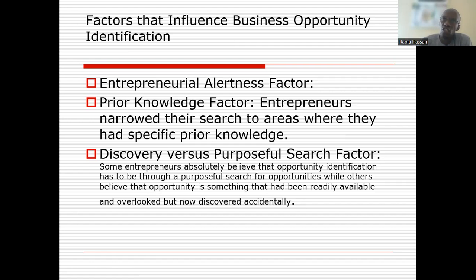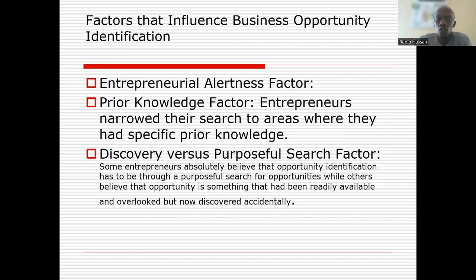When your mind, your attention, your eyes, your ears, and everything is on an opportunity, you can easily see an opportunity, unlike somebody who is not mindful, who is just passing by. So the alertness factor is very important in discovering a new opportunity. And then the prior knowledge factor.